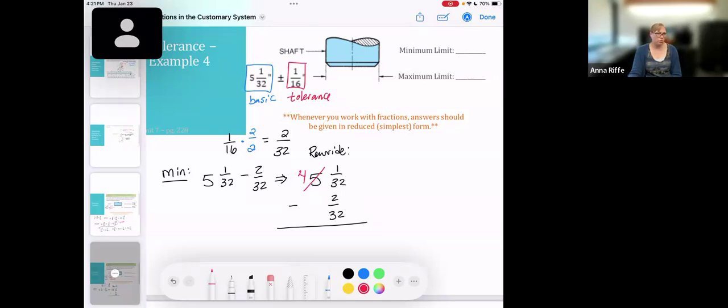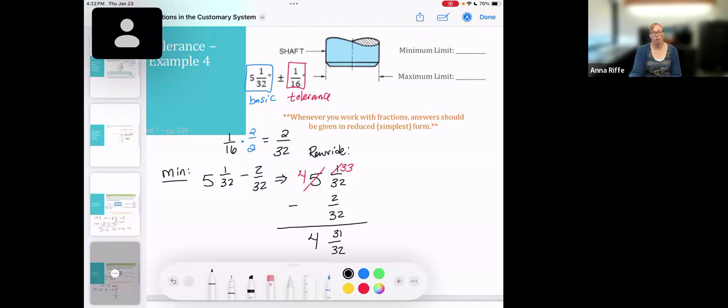1 inch is equivalent to 32/32 of an inch, which means I have 33/32 in the fractional part now to work with. If I borrow that 1, now I can subtract. 33 minus 2 is 31, and then the denominator of the fraction stays the same.